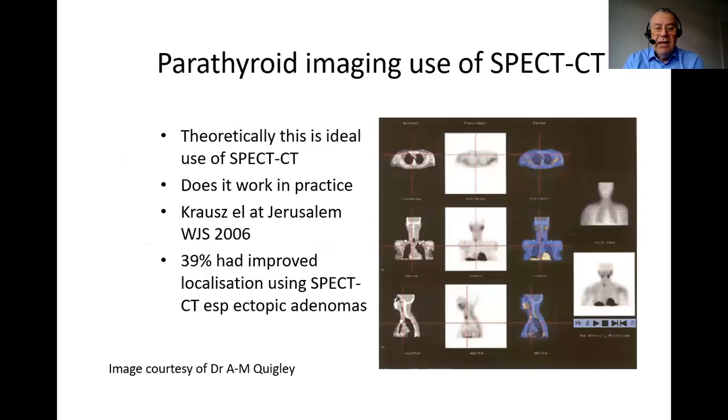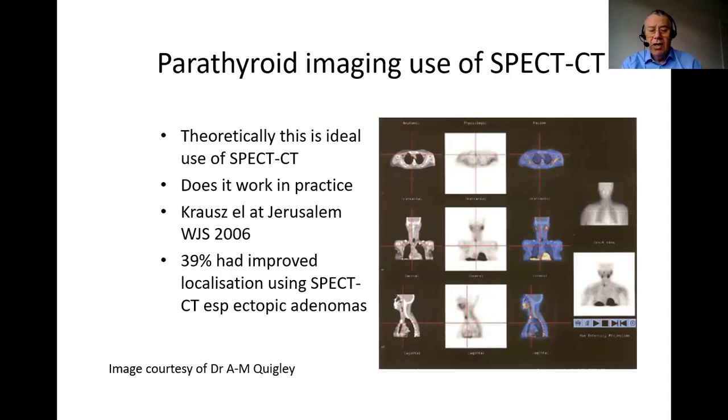So SPECT-CT enables us to both find if there's any abnormal uptake, but also to localize this. This is based on some work that was done and published in the World Journal of Surgery.